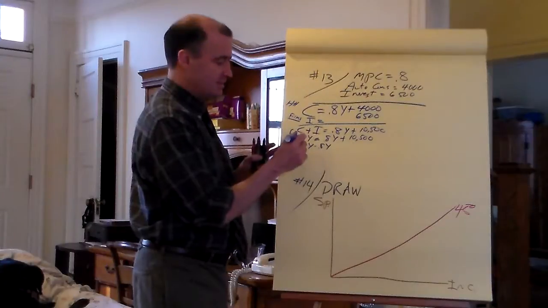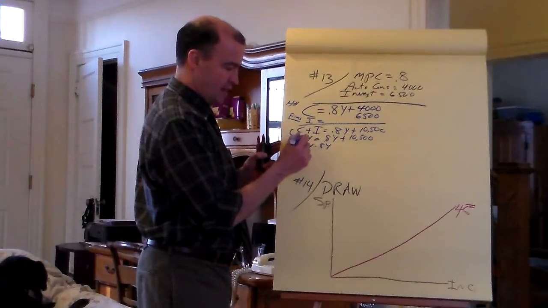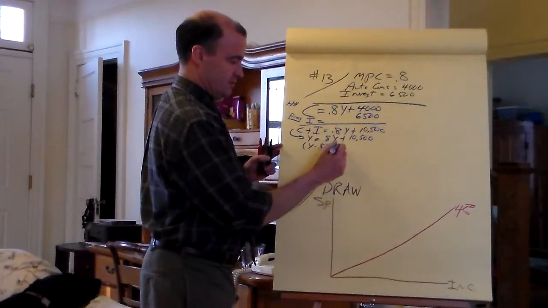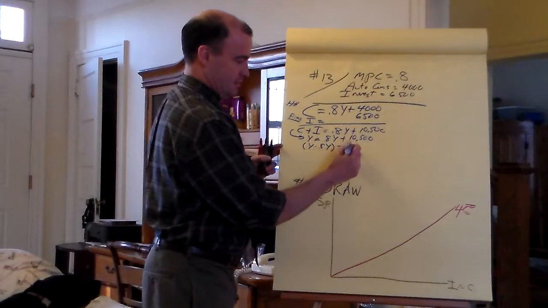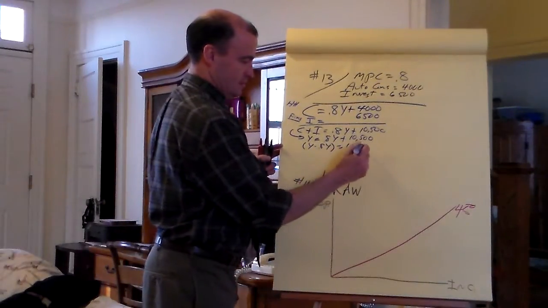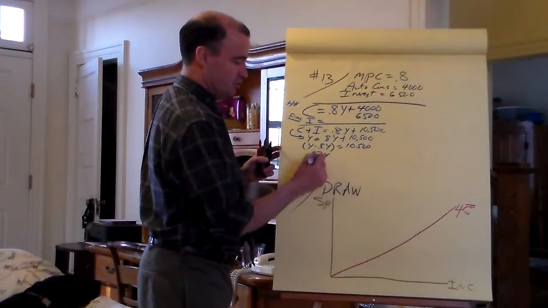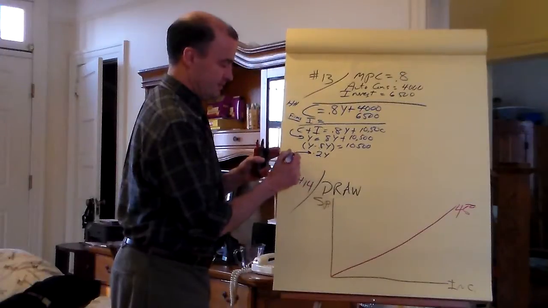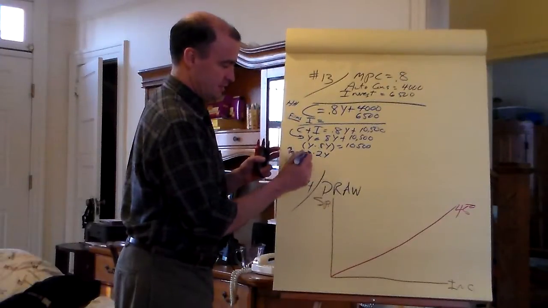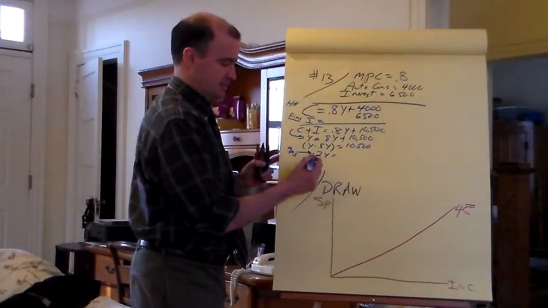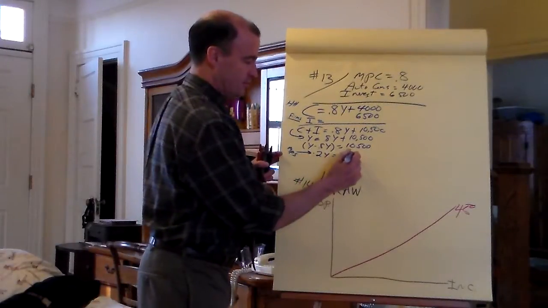I replace C plus I with Y for income, and then put the Y terms together. In just a few steps, we will have the marginal propensity to save, the MPS, of 0.2. So this line says 2/10 of income is 10,500.